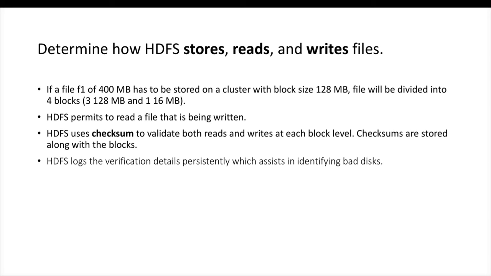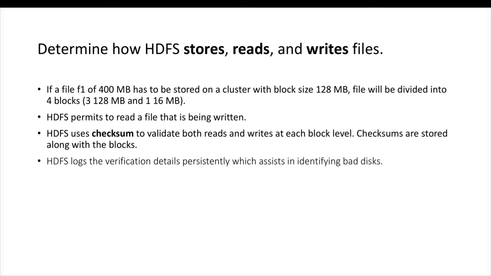We also need to understand, given the size of a file, how many blocks the file will be divided into, and what will be the size of each block. In this case, I am taking a file named f1 of 400 MB with block size 128 MB.